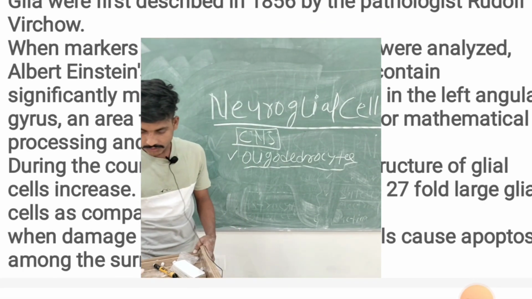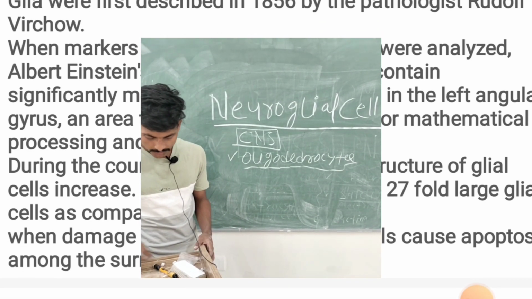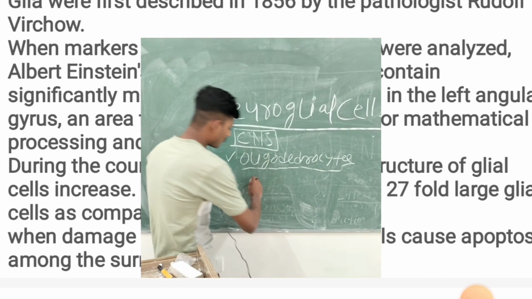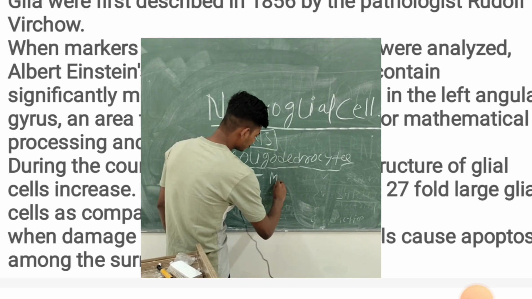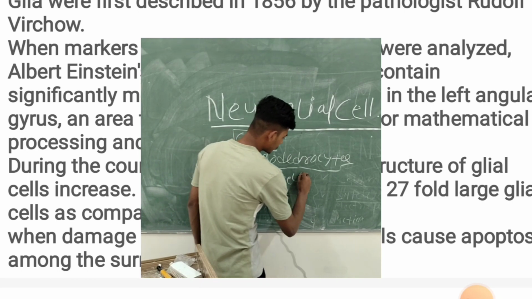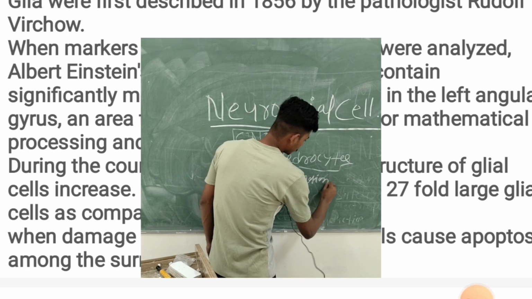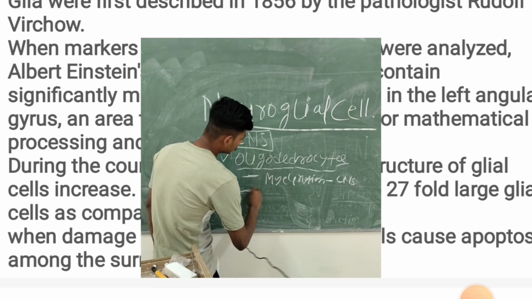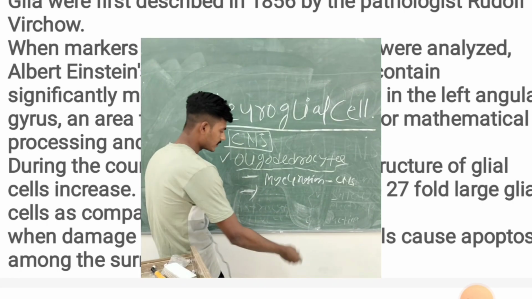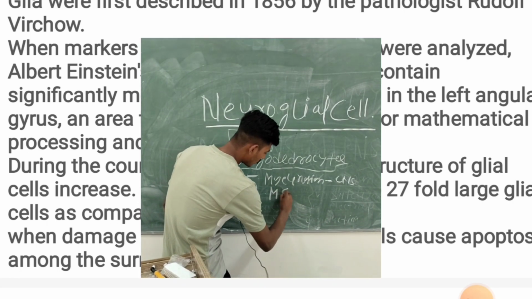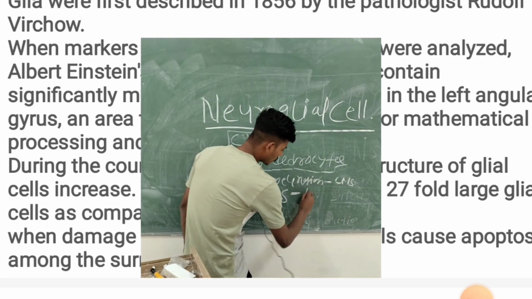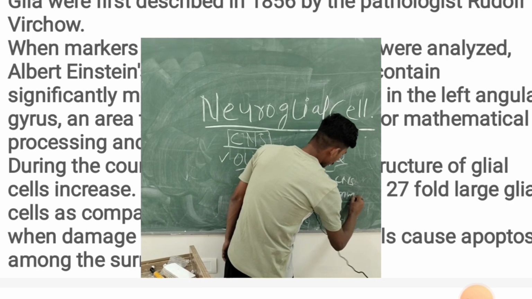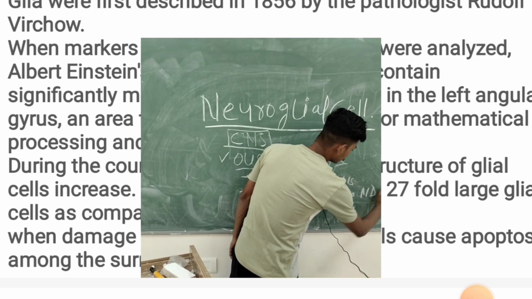So in the context of the oligodendrocyte, we studied first that they perform myelination in the central nervous system. Second, the important things related to this oligodendrocyte are three diseases. The first is multiple sclerosis, which is basically an autoimmune neurodegenerative disorder.